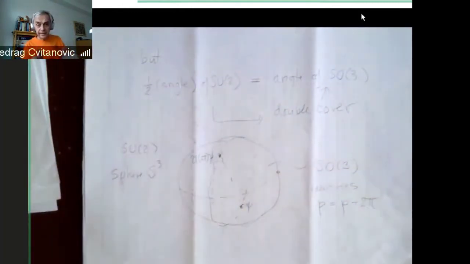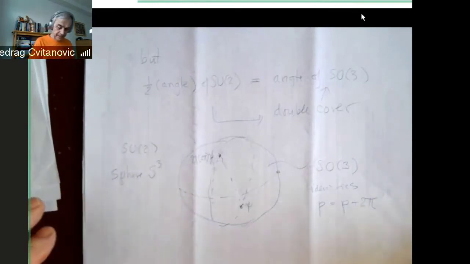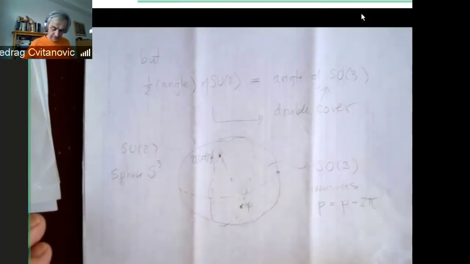Because globally, this 2-dimensional complex representation and 3-dimensional real representation behave very differently. And in this case, you can draw a picture.